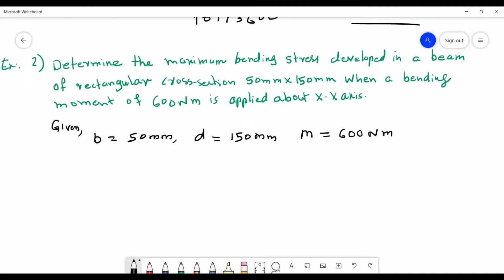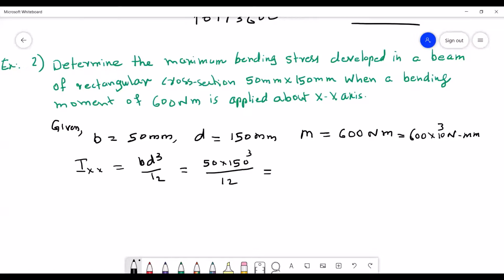This Newton meter let us convert into Newton millimeter: 600 into 10 raised to 3 Newton millimeter. Then let us find Ixx, the moment of inertia about the x axis. It is B D cube divided by 12, that is 50 into 150 cube divided by 12.